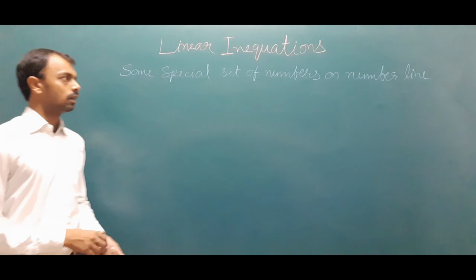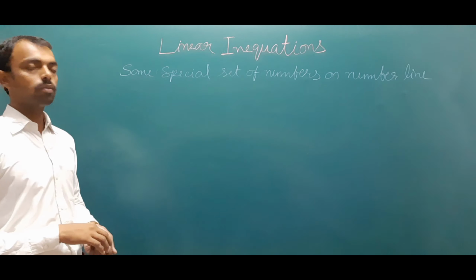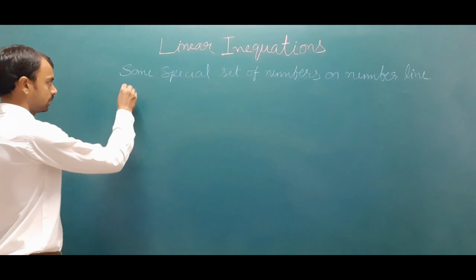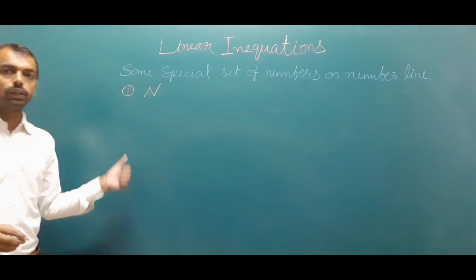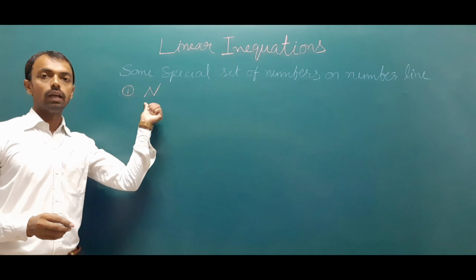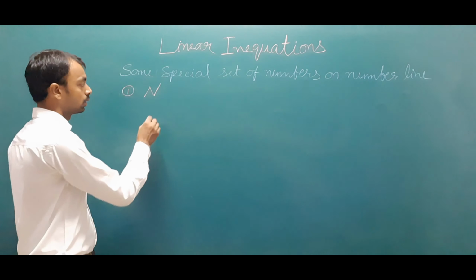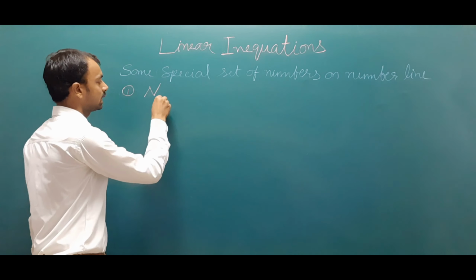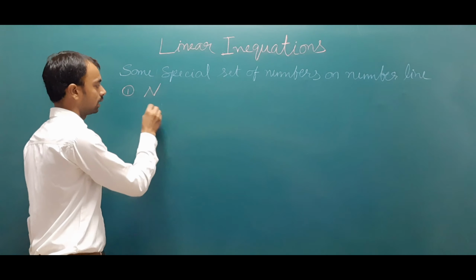Okay, I hope this is understood. Now we will discuss some special sets of numbers on the number line. First is natural numbers, which we denote by capital N. If we represent it on a number line, what do we get? Suppose I take a general number line.